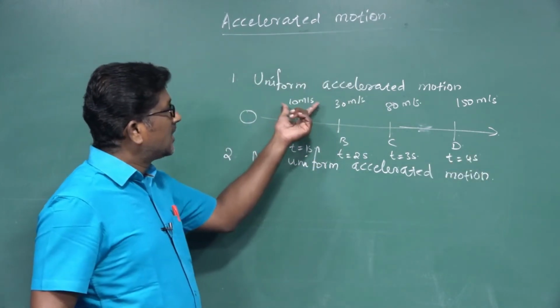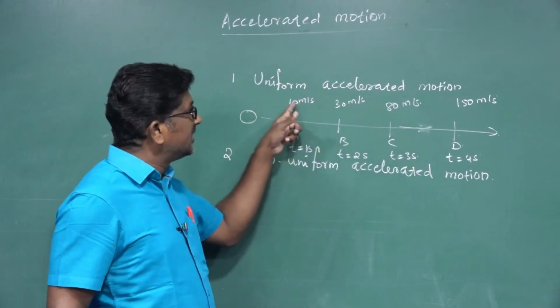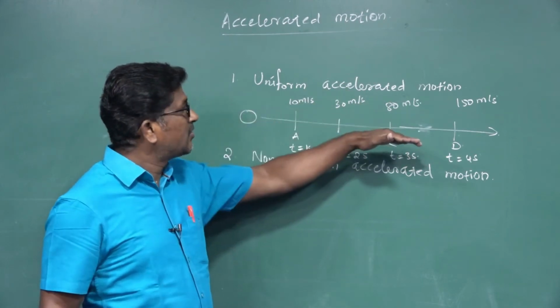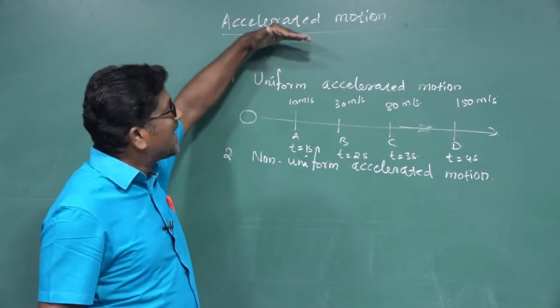Here the velocity of the particle is not constant, it changes. So this type of motion is called non-uniform motion or accelerated motion.